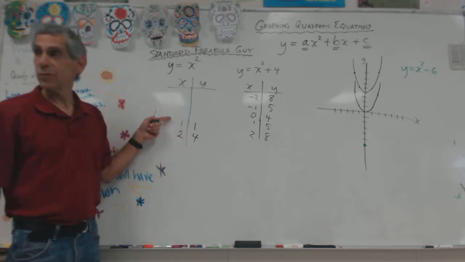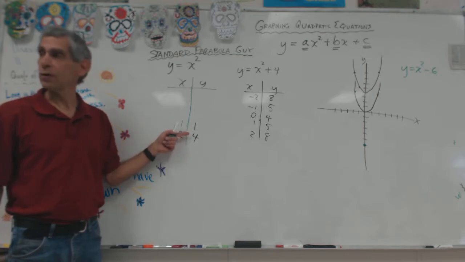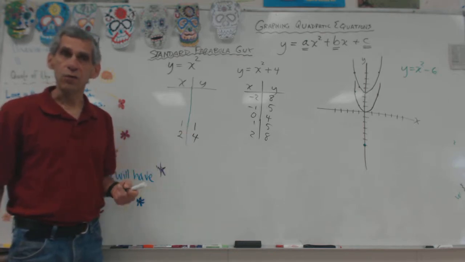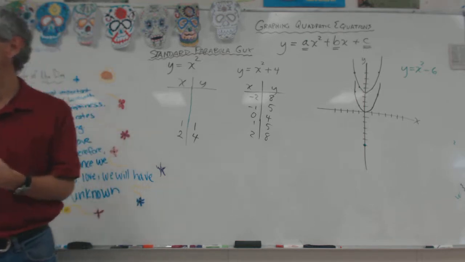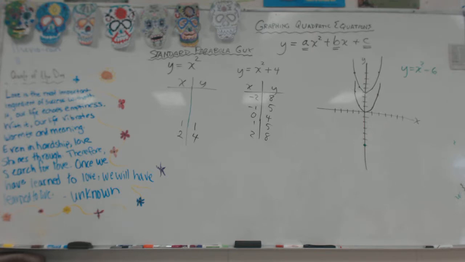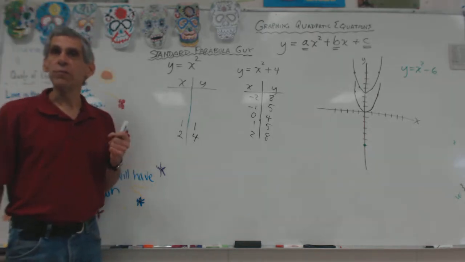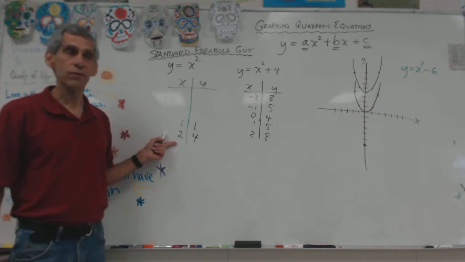All right? So I'm just using these right now. Over 1, up 1. Over 2, up 4. Right? Everybody say that. Over 1, up 1. Over 2, up 4. That is standard parabola guy. That is your best friend. If you know that and you remember that, it will be so easy to graph.